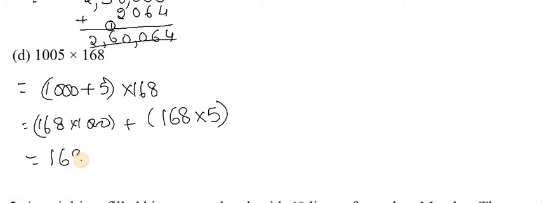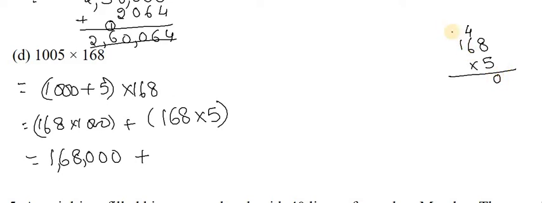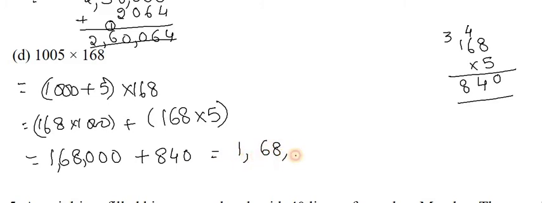So for 168 we simply add 3 zeros, that is 1,68,000, plus now we multiply 168 with 5. 5 8s are 40, 4 carry and 0 down, 5 6s are 30, 30 plus 4 is 34, 5 1s are 5 plus carry 3 is 8. So the answer is 1,68,840. Okay, now we'll move on to the next.